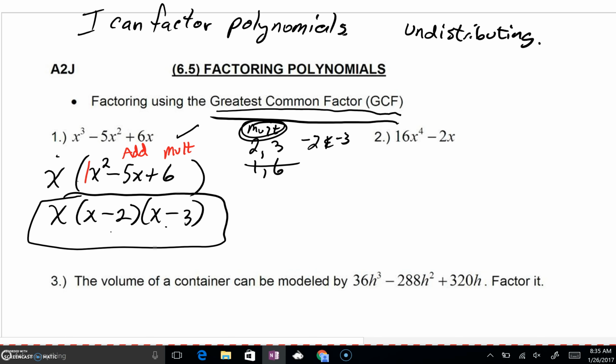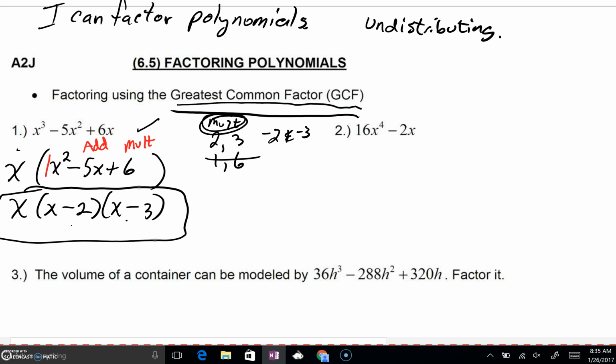Let's take a look at number 2 real quickly. When we're looking at problem number 2, the big question is, what is in common that I could divide out from a 16x to the 4th and a minus 2x? A 2 would divide into both, and what else? An x. And 16 divided by 2 is 8. You see, we are undistributing.